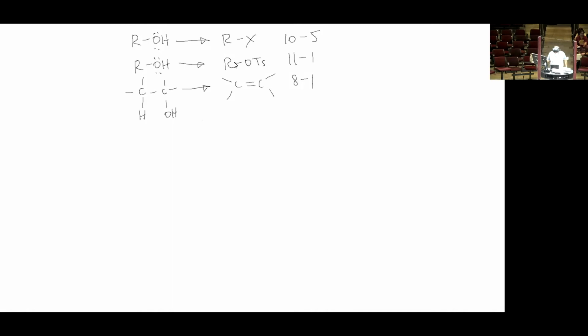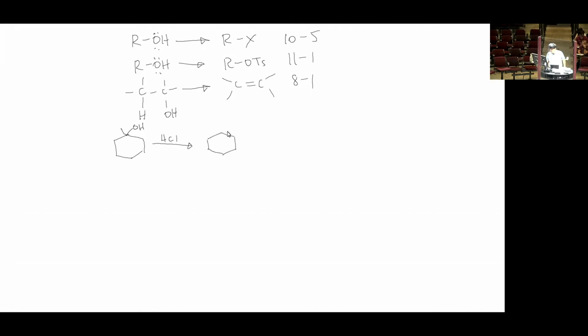Good. So for example, we've already said that in terms of converting alcohols to alkyl halides, you can take a tertiary alcohol, such as this guy here, and you can convert that by using HCl, HBr, or HI to the corresponding alkyl halide.